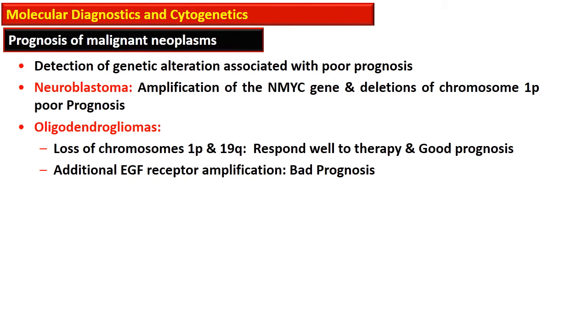Such as in neuroblastoma, the amplification of the NMYC gene and deletion of the short arm of chromosome 1 is associated with poor prognosis. Similarly, in oligodendrogliomas, the loss of the short arm of chromosome 1 and long arm of chromosome 19, they respond well to therapy and are associated with good prognosis.